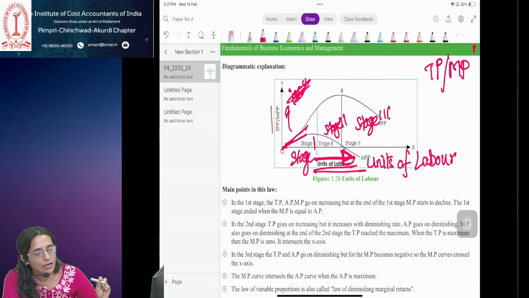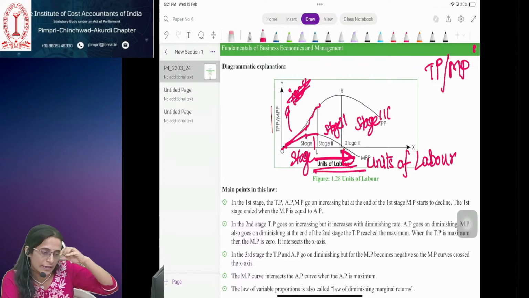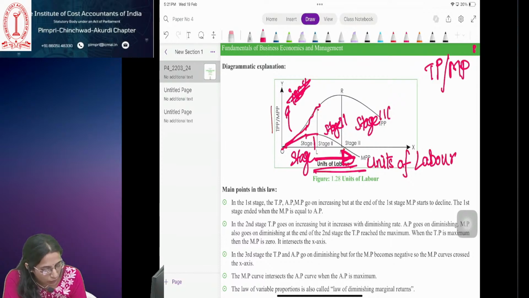But later, as you increase the units of labor, the total product will increase and the marginal product will also increase, but at a lower rate. At start the rate was high, later the rate was low, but it is increasing. So now what happened? The total product reached a peak point.